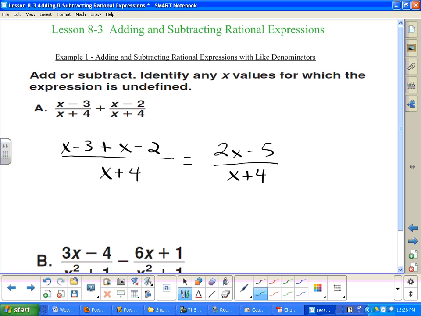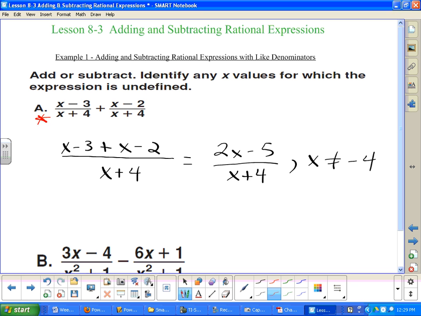And since we can't divide by 0, then we would say that x cannot equal negative 4, because that's the spot where it's undefined, okay, where the denominator is equal to 0. And like I said, we go back to the original. When you're looking at that, you're going back here to the original problem to check that out. Yes, sir? So our answer is x cannot equal negative 4. Yes, because it says identify where it's undefined. Okay. It's what would make the denominator equal to 0. Yes. Okay.